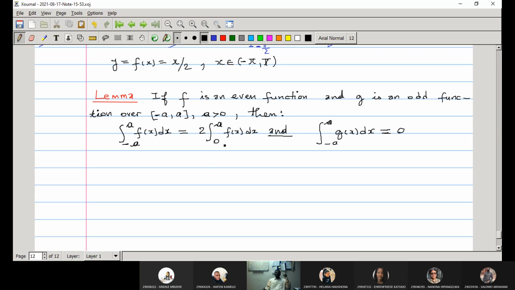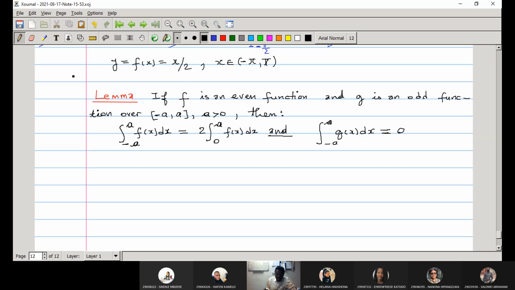So this is the result that is being used to show that a_k will always be 0 when you have an odd function, and b_k will always be 0 when you have an even function.